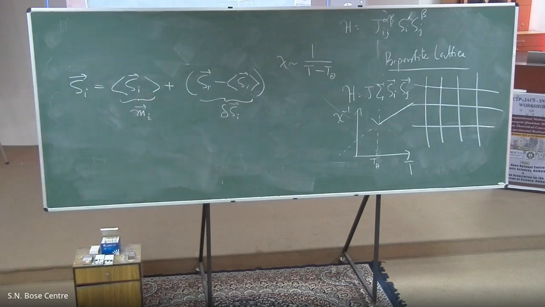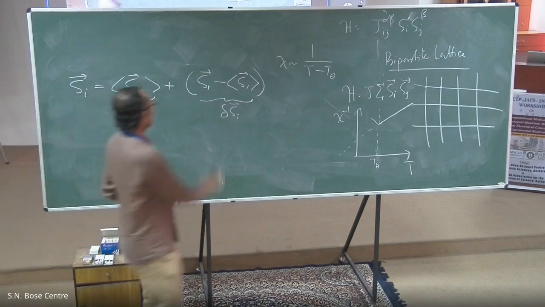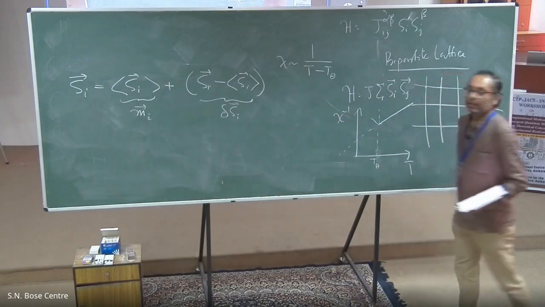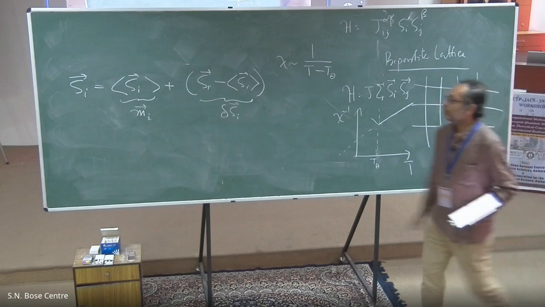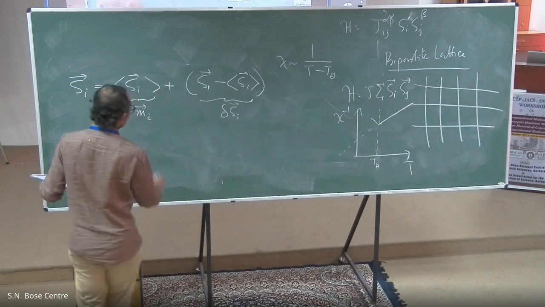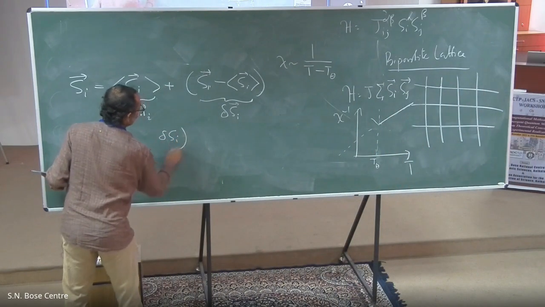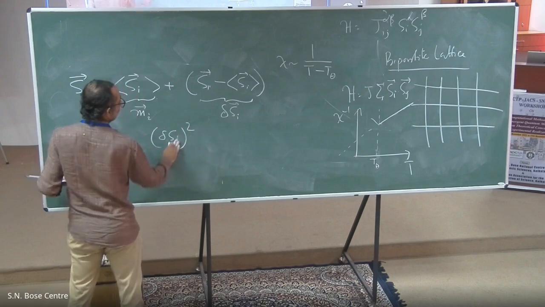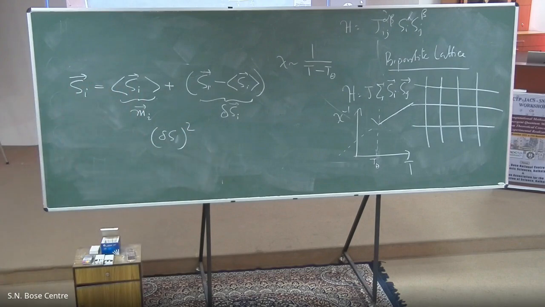So I put that in this Hamiltonian and throw away all terms which are of the order of delta S_i delta S_j, that is, quadratic in delta S. So that's the Curie-Weiss mean field theory that we have all learned.